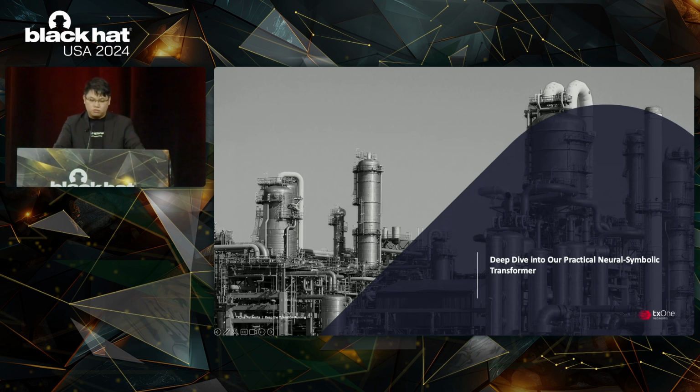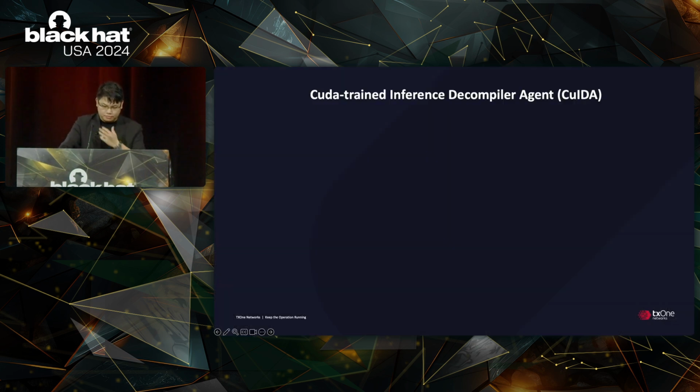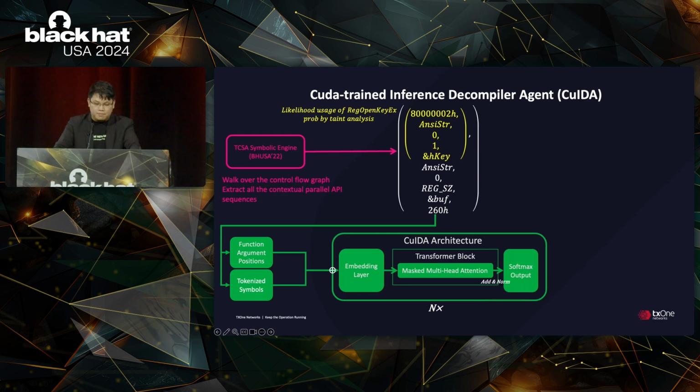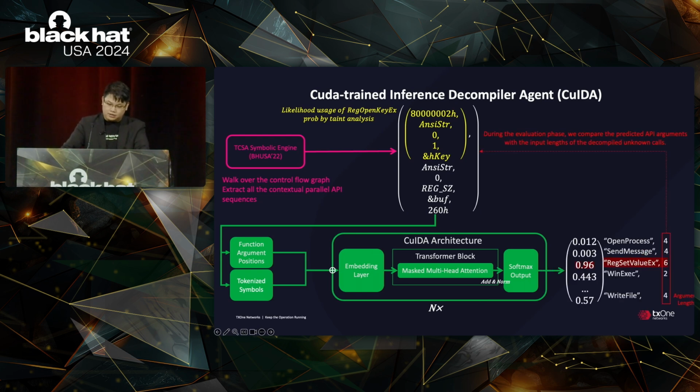Now that we've established our goal, let's take a look at our practical neural-symbolic transformer. We named our model CuIDA, which stands for Trained Inference Decompiler Agent. Through our research in 2022, we utilized taint analysis to identify unknown APIs by considering the function argument positions and the tokenized symbols required for the operation. After processing through the trained model, we can calculate and obtain the possible API names.